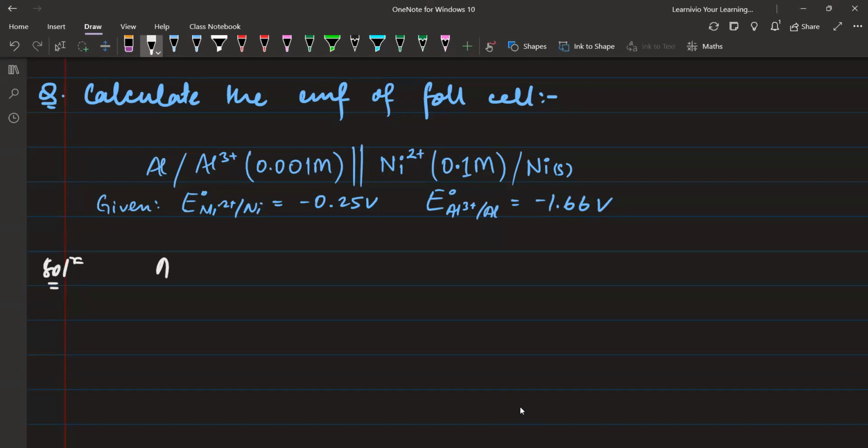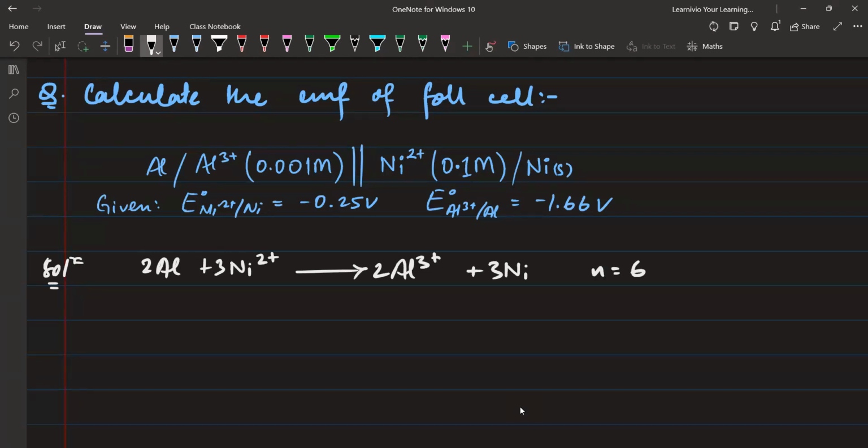So equation will be aluminium plus nickel 2 positive will give you what? Aluminium 3 positive plus nickel. Right? Yes or no? Yes, sir. Then I will multiply 3 here, 3 here, 2 here and 2 here to make the charge balance. सही है?